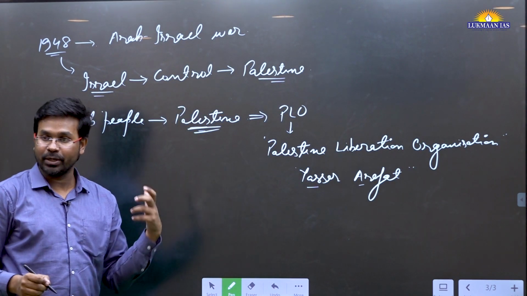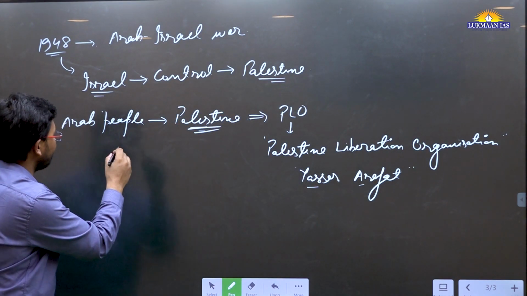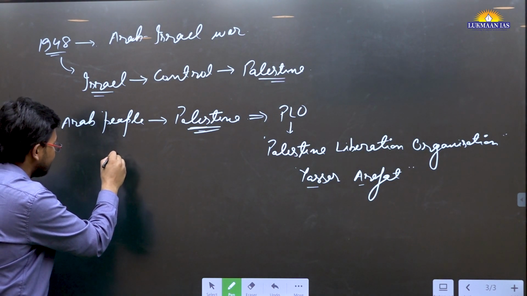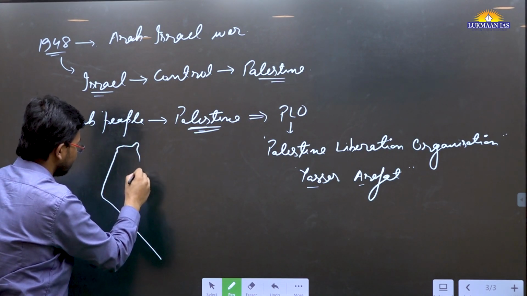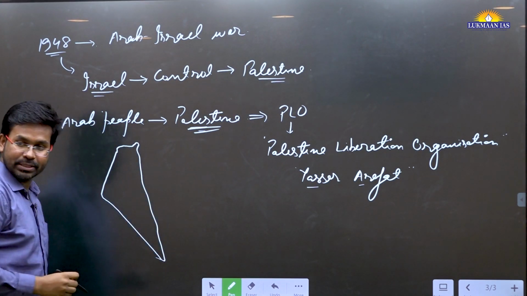This Palestine Liberation Organization had its settlement. For example, if I draw the map of present day Israel, it looks like this.